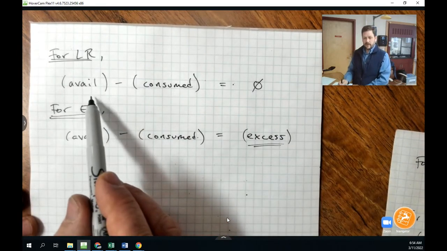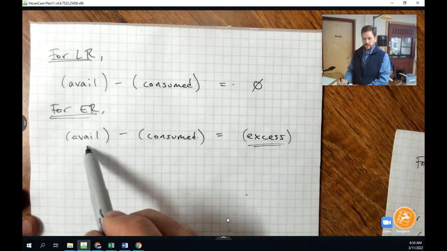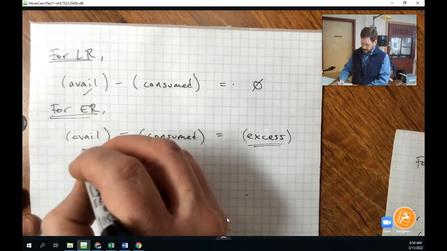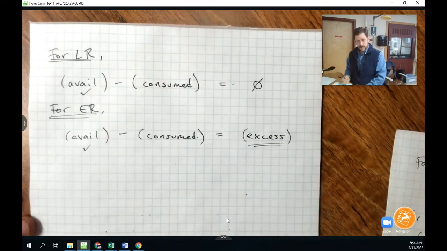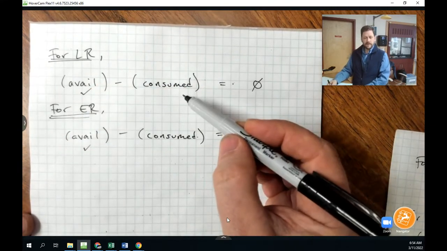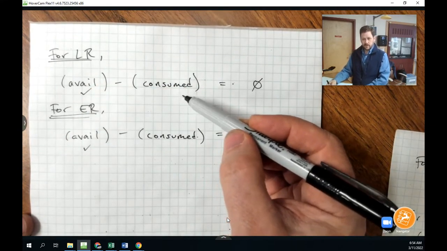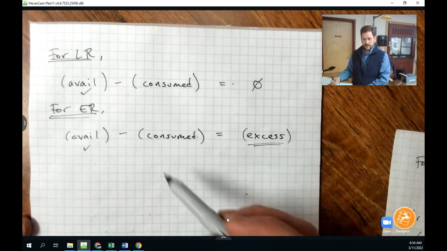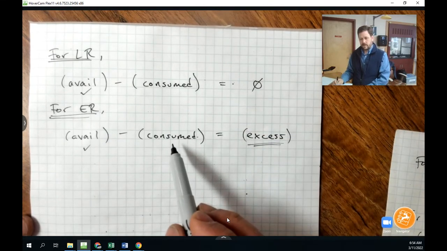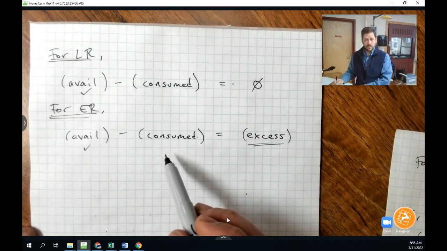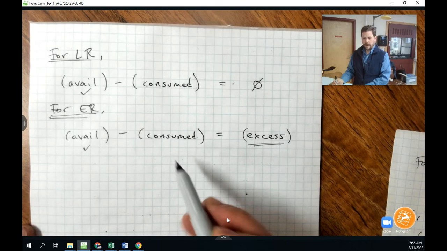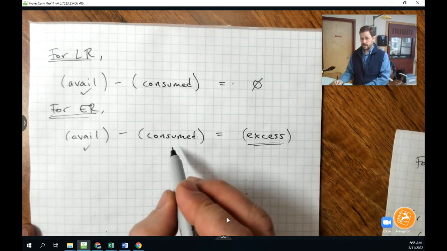And this is what we're asked to solve in these problems. We are given the amount available for both reactants. Now you've identified which is which. We've calculated how much will actually be consumed of the limiting reactant. And for the excess reactant, there's a number of ways you can get this value since you've already calculated how much of at least one product has been produced. This is really the value that needs to be solved for.